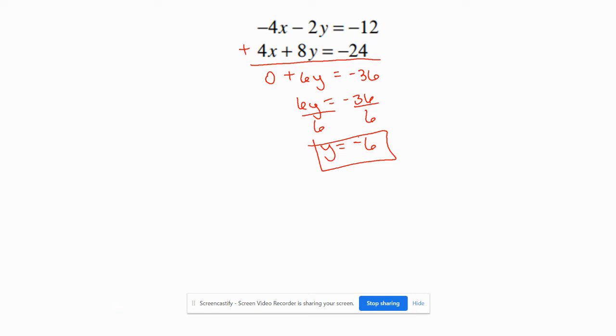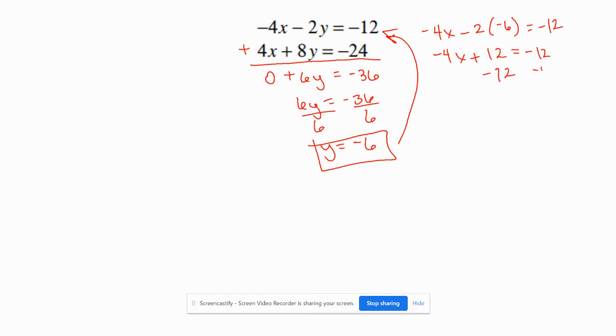Now, I could take this y value and substitute it into either equation. I'll pick the first one. So negative 4x minus 2 times negative 6 equals negative 12. So I'll have negative 4x plus 12, because negative 2 times negative 6 is positive 12, equals negative 12.